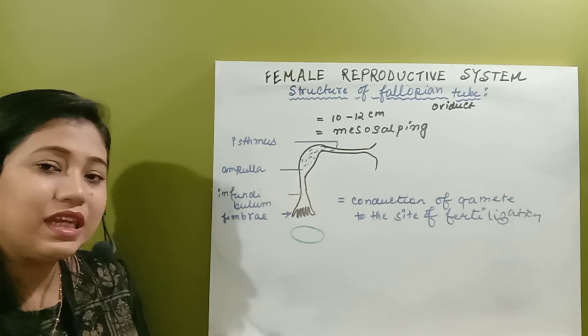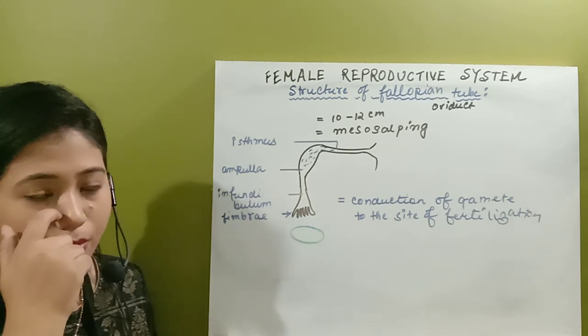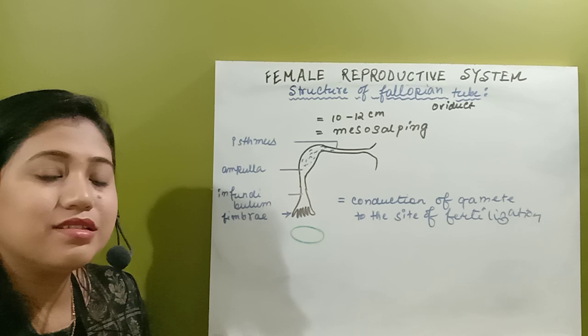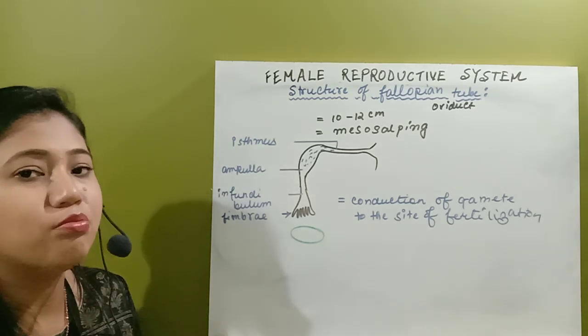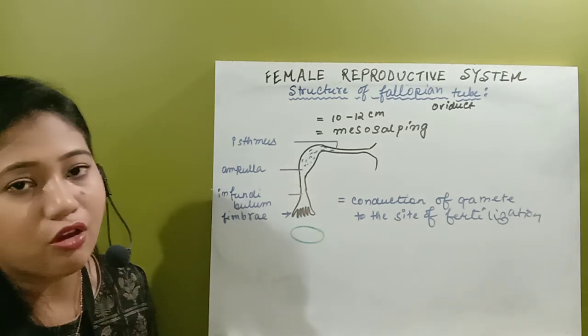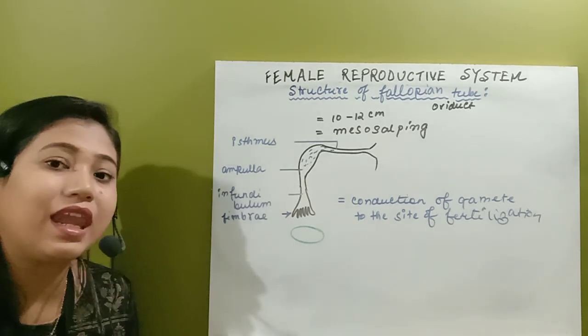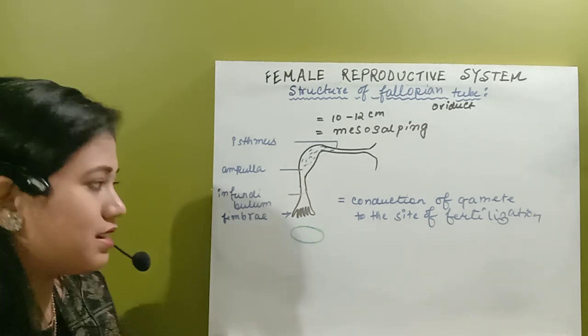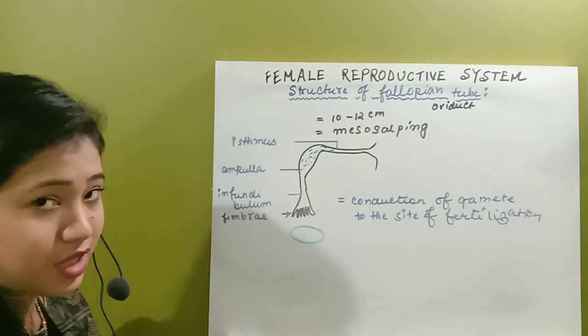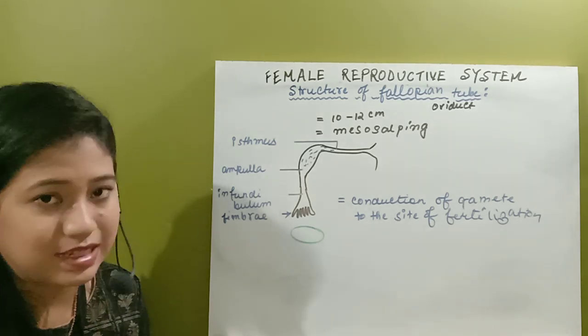fallopian tube. In that period of time, a hormonal change occurs, that is, suddenly in the body we have a high level of LH, and whenever LH increases, at that time this finger-like projection also gets activated.